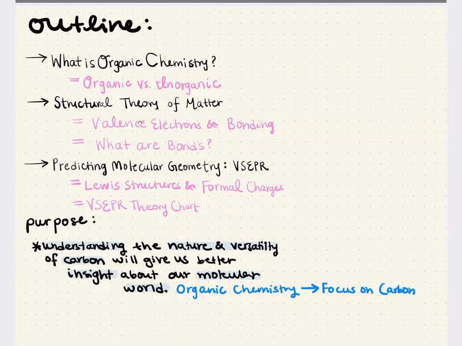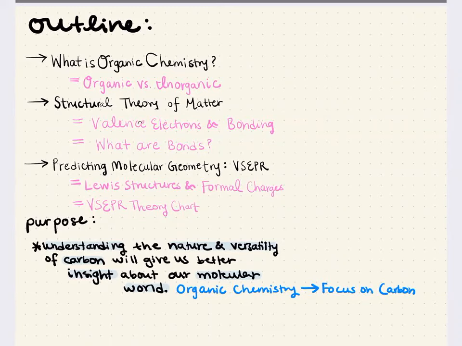And in this first lecture specifically, we will start by defining what is organic chemistry and comparing it to inorganic chemistry. And then we will jump into a discussion about the structural theory of matter. In this part, we're going to discuss valence electrons and how this concept defines bonding.